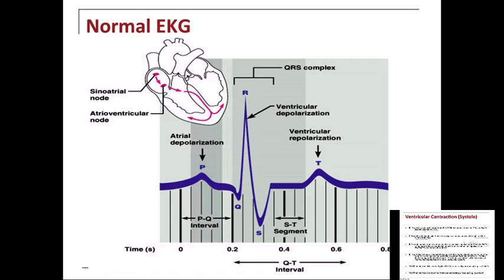Okay, and then when those ventricles contract, that's ventricular depolarization or ventricular systole. That's the QRS wave that really does spike quite a bit. When the ventricles are contracting, that's ventricular systole. That means that the atria have to be resting, or they're repolarizing.